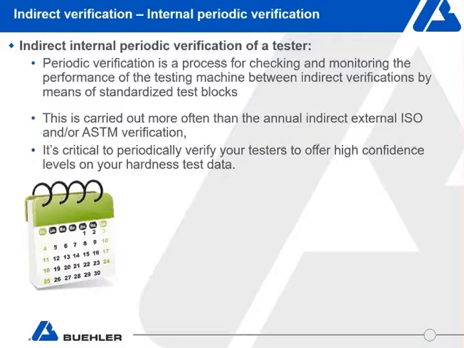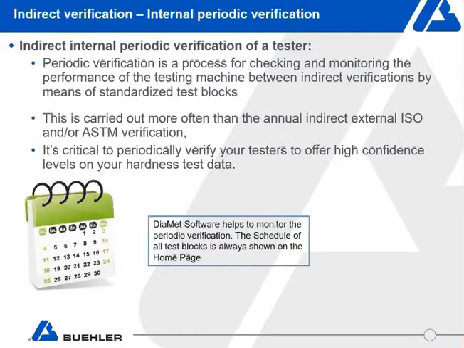You do this periodically so that you have the confidence that the hardness test data you've got is okay. And for some of you who get audited, it is essential to ensure that this is periodically checked.